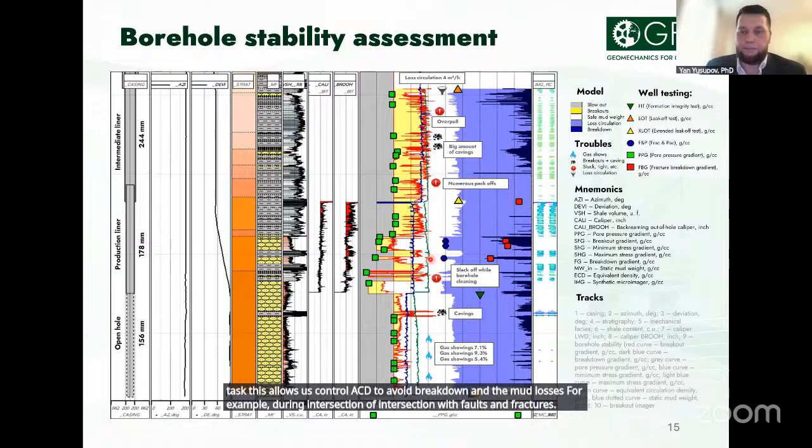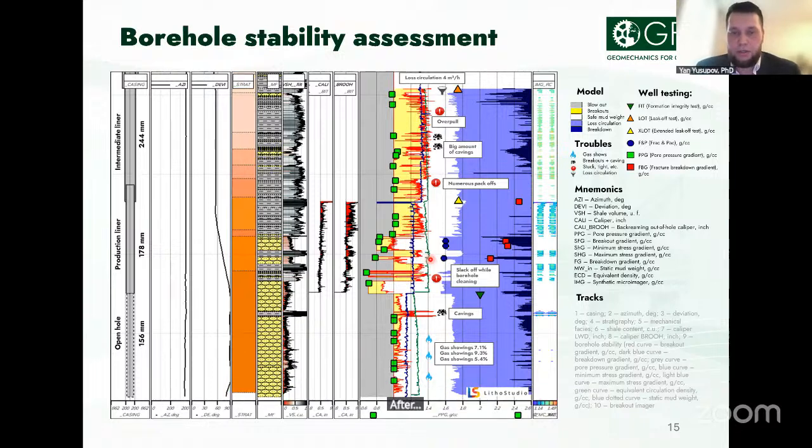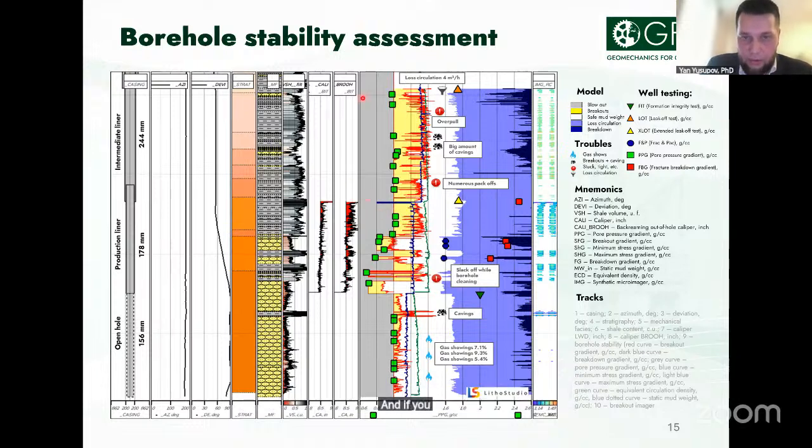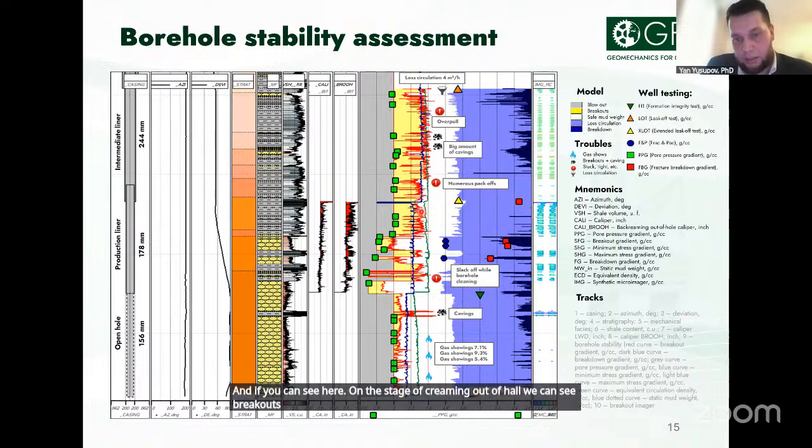After stop of drilling or back reaming out of hole, the ECD decreases to the static mud weight value. And you can see here, on the stage of back reaming out of hole, we can see breakouts. This is associated with decreasing of ECD to static mud weight.